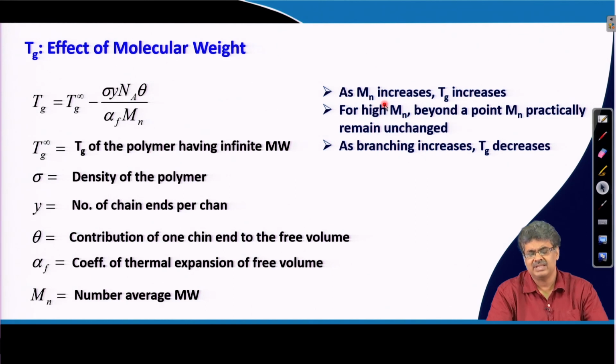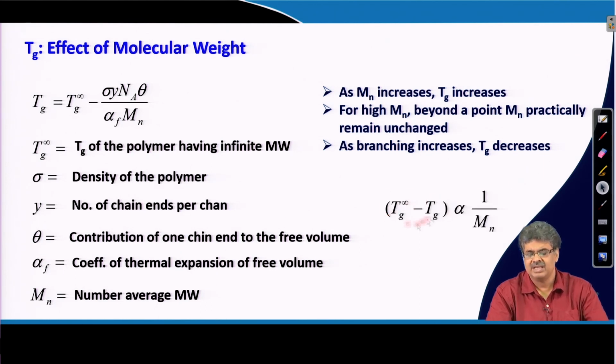So, as molecular weight increases, Tg increases, but this increase becomes less significant as we go beyond some particular value of molecular weight. For high molecular weight beyond a particular Mn, practically the value of Tg remains unchanged, and as branching increases, Tg decreases. As we understand, if we have more branches, then free volume increases and Tg decreases.